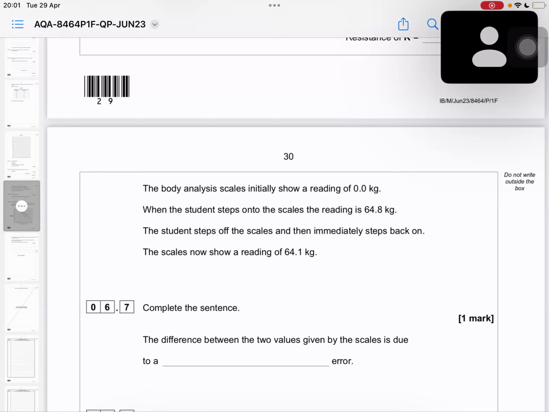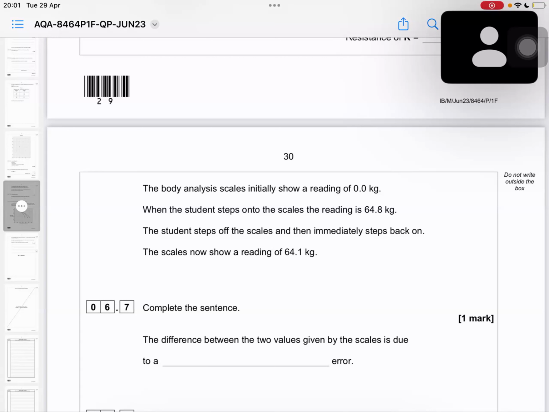What does the marking scheme say? It says random. Random error. Oh, really? I see. But parallax error is usually that error that happens as a result of not looking directly above a ruler when you want to measure something. If you're looking at it from the side, the measurement can be a bit erroneous.